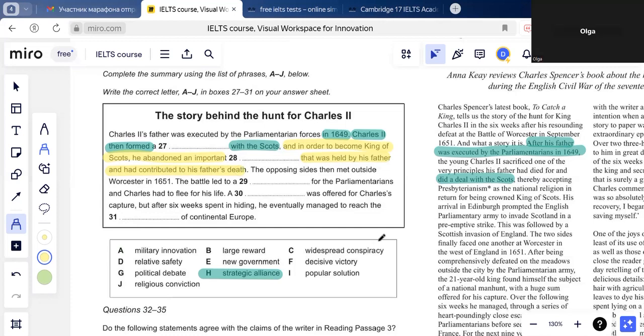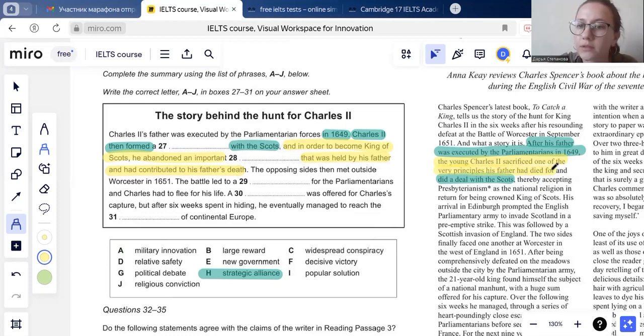So the same sentence that I read before. The young Charles II sacrificed one of the very principles his father had died for. So what is the principle? Principle is conviction. What kind of? Religious conviction. Can you elaborate, please, with the help of the context provided in the text?